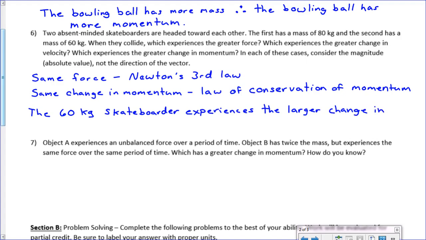And the reason for this is because he's got a smaller mass and the same change in momentum, so he's going to have a larger change in velocity.